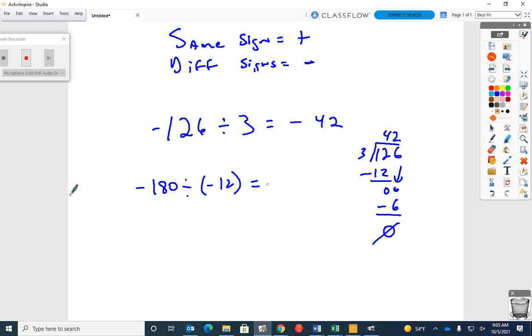First of all, Braden, is my answer going to be positive or negative? Positive because they are what? They're same signs, right? They're both negative. So now let's do this. How many 12s go into 18? 1. What's left over? Bring down my 0. Oops, I already had a 0 there. Sorry. How many 12s go into 60? And did it end? Yes. So would this be positive 15 or negative 15? Positive 15. Okay. All right.